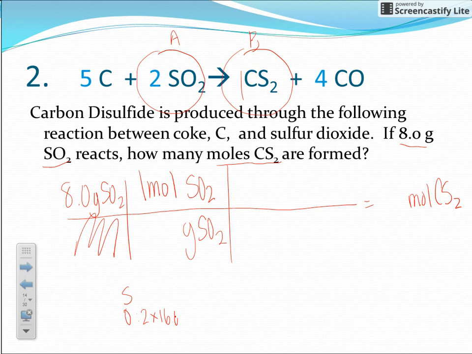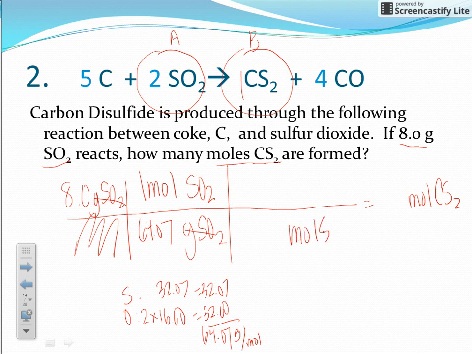So 2 times 16, and 1 times, for sulfur, that's going to be 32.07. Just refer to your periodic table. So that's going to give you 32.07 plus 32.00, which gives us 64.07 for the molar mass. So here we'll plug that in here, 64.07. This lets grams of SO2 cancel.